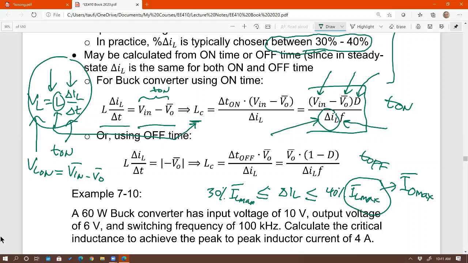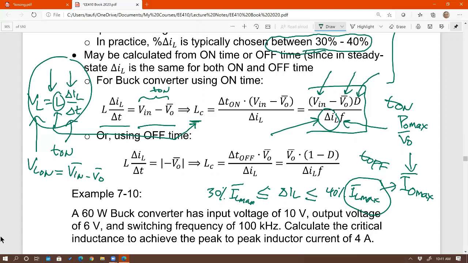Now think about when you're designing this. Would you know what I out max is? Would you know max load? It's going to be your max load, yes, exactly. So this is something that you would know when you're designing it. You have to know because typically P out max, as I said earlier, is given, as well as V out.